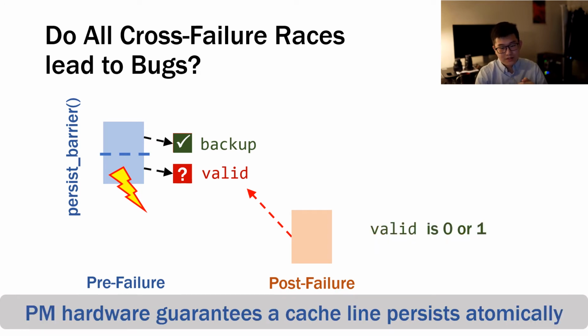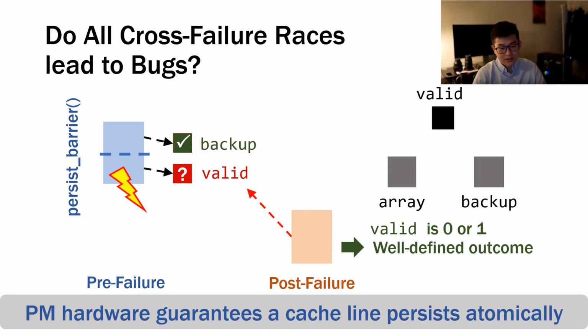But we found that the value can either be 1 or 0, because it's just a single bit, or an integer that's telling the status of the backup. So all the outcomes are well defined. Given that the valid value equals 0, we know that the array keeps the latest data.